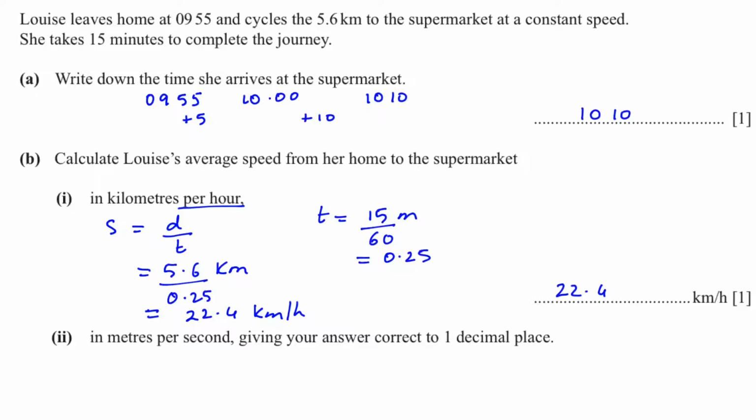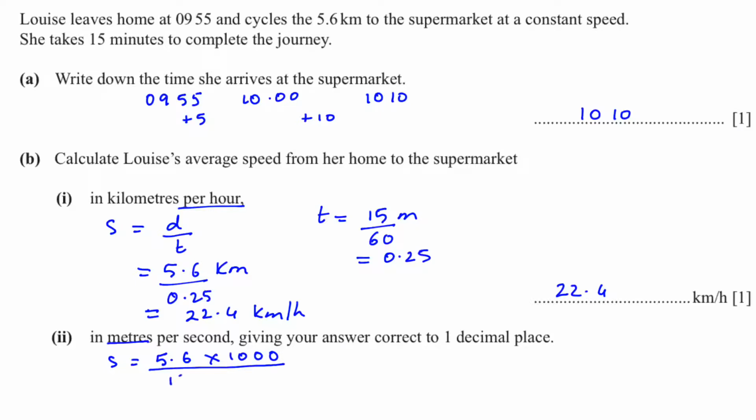Next question. In meters per second, giving your answer correct to one decimal place. We'll still use the same equation. Speed is equal to distance over time taken. But here we have to change it into meters. So 5.6 kilometers, when I change into meters, I have to multiply by 1000 because 1 kilometer is equal to 1000 meters.